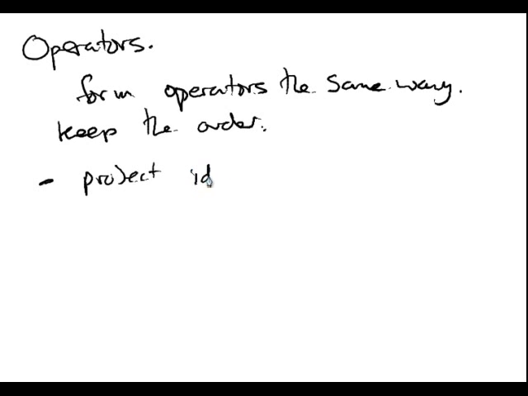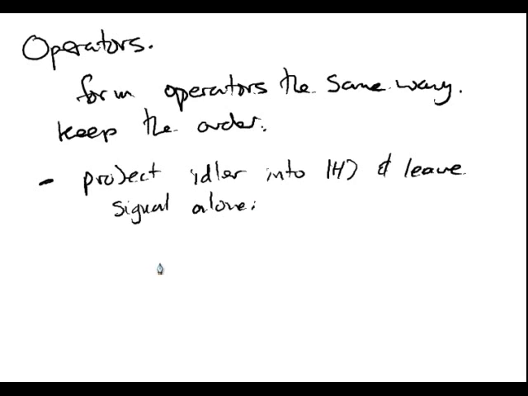So, for example, if we want to project the idler photon into the H state, and leave the signal photon alone, like we don't want to do anything to that photon, then we simply take the direct product of the identity operator, because we're leaving the signal photon alone, with the projection operator, the P_H operator.